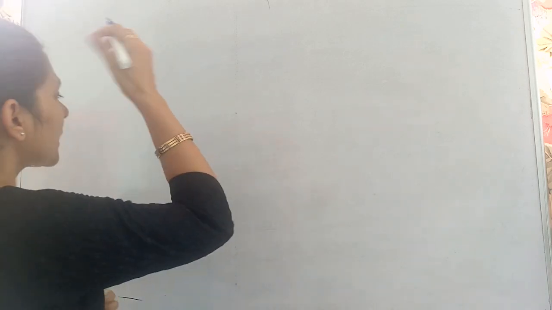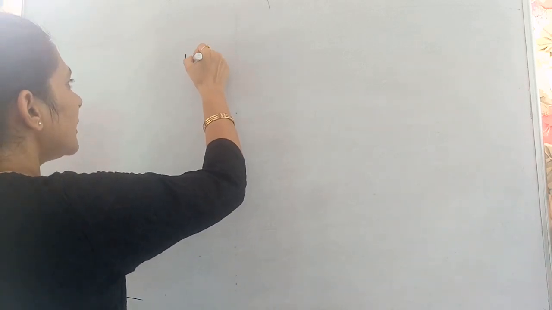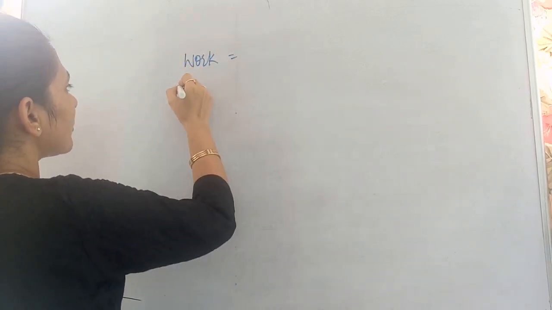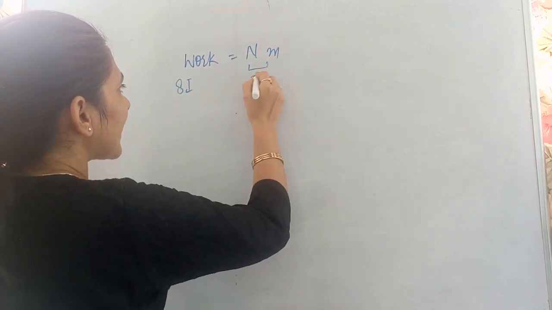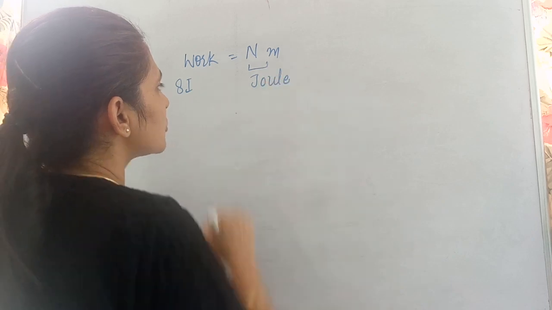So what are those? First one, when we are talking about work, I told you the SI unit of work is Newton meter, and it is collectively written as joule.